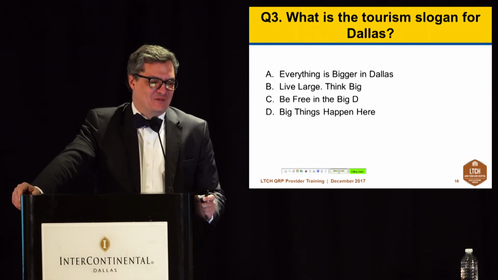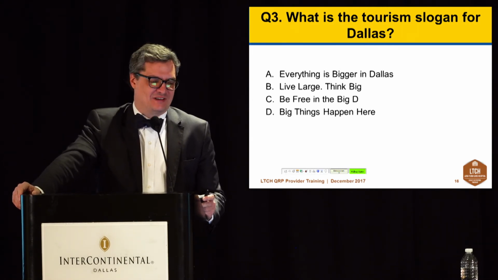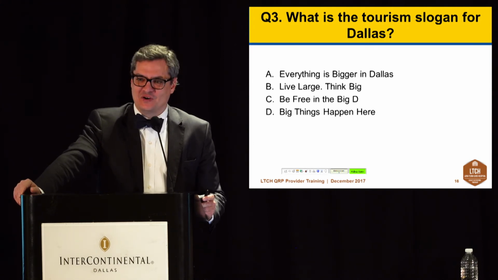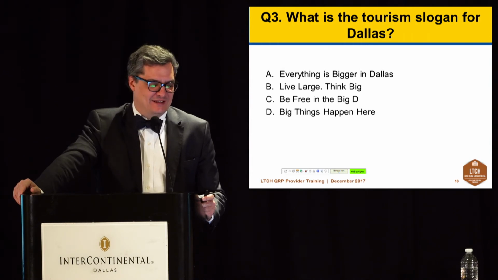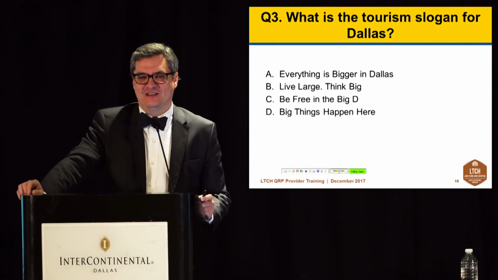Third question, what is the tourism slogan for Dallas? A, everything is bigger in Dallas. B, live large, think big. C, be free in the big D. Or D, big things happen here.